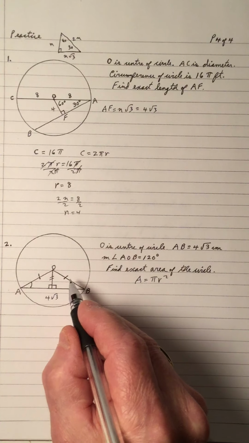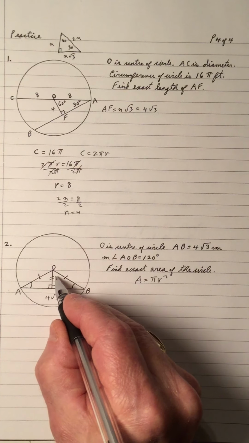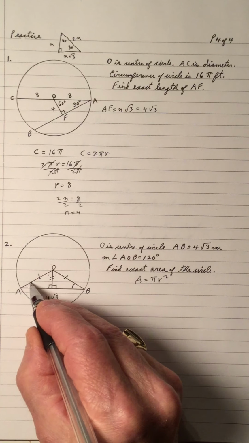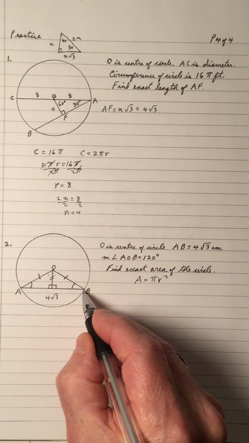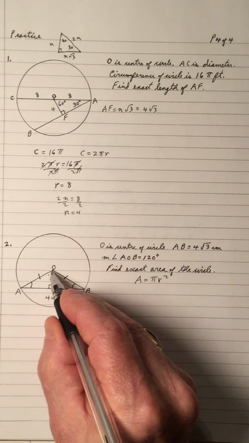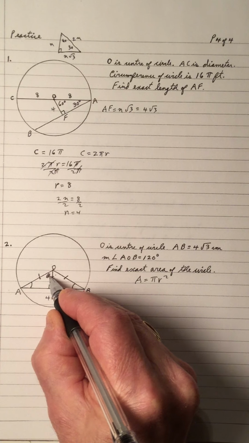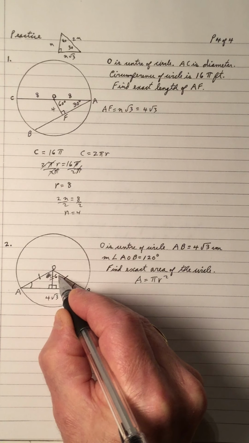If the triangles are congruent, these two angles are equal. That means this angle right here must be equal to this one. So this angle AOD and the angle AOB is 120. That means they're equal, so they must be 60 degrees each.